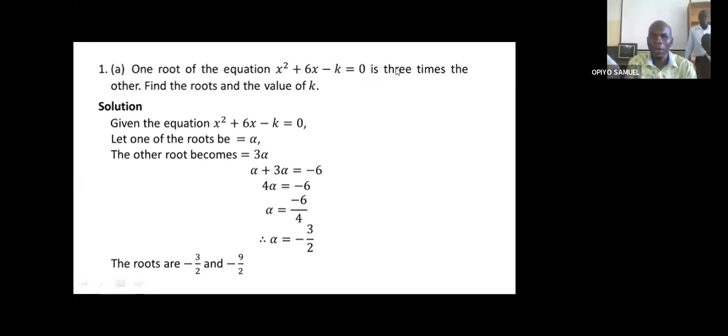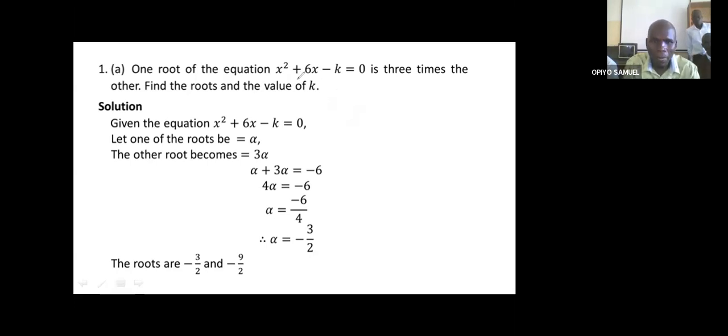So, yes, we can. Okay, as I was saying, when we are looking at roots of quadratic equations, there are key concepts that we should take up from there.